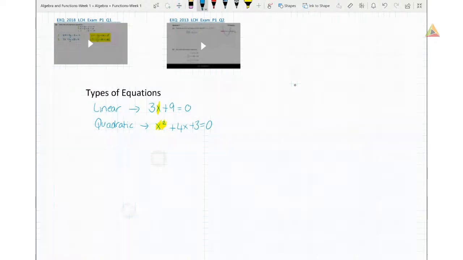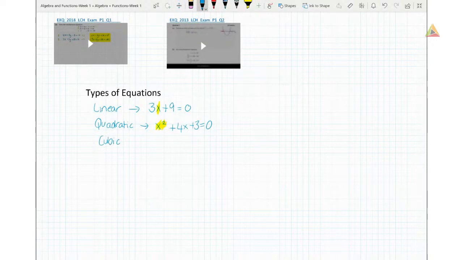And the last type of equations that we might be asked to solve are cubic equations. A cubic equation is one that has an x to the power of 3, or an x cubed, in it. It might also have an x squared, it might have an x term, and it might have a constant. But it's a cubic because the highest power of x is a 3, or it's an equation of degree 3.